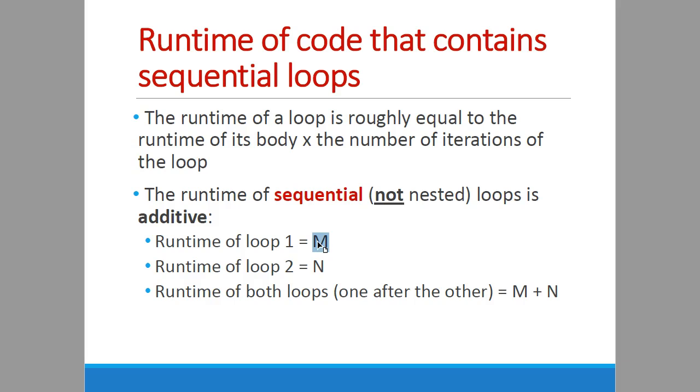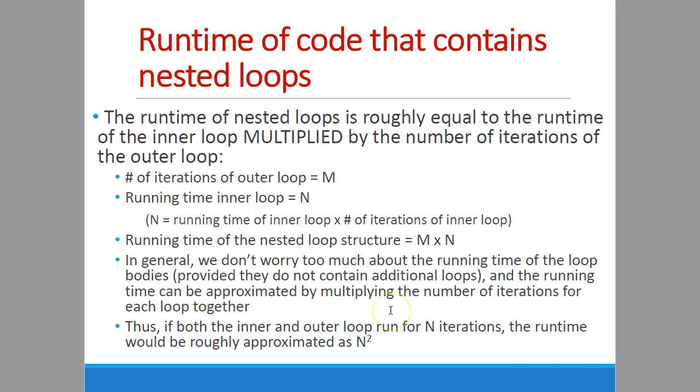If it takes m cycles to run loop 1 and n cycles to run a second loop that follows the first and is not nested, then you simply add them, m plus n. You can roughly say that's how much time something takes.